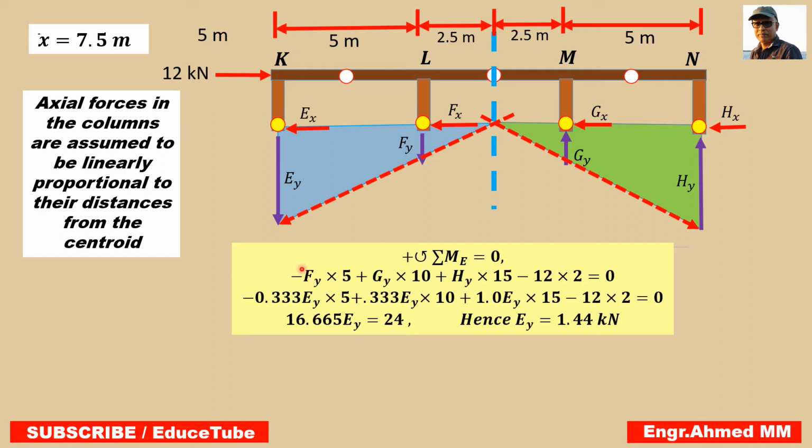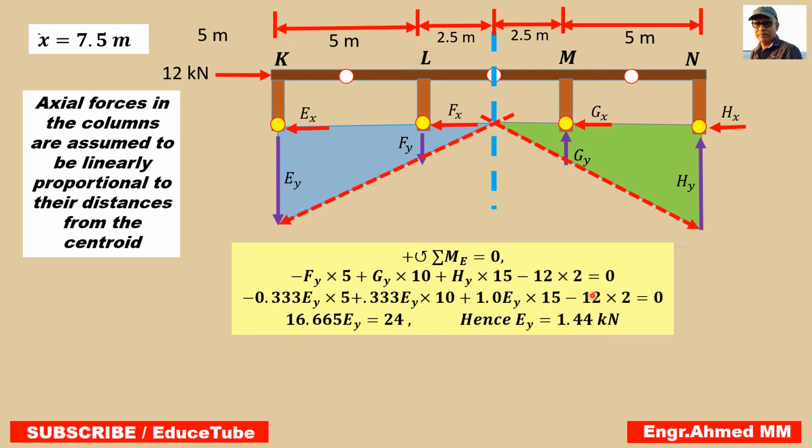Now this Fy, Gy, Hy, I said already we got 0.33 Ey. This is also 0.33 Ey and this is 1.0 Ey, multiplied by 15, as it already was.